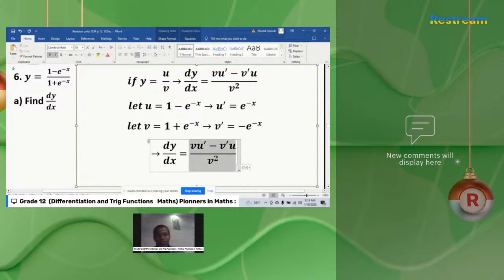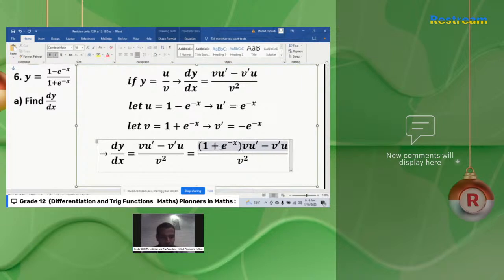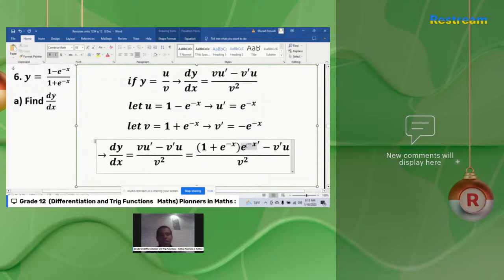I will write it again here, which is equal to v, the function, between parentheses, multiplied by u dash, which is exponential minus x. Then minus v dash.